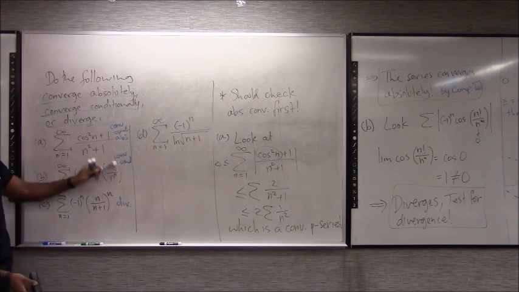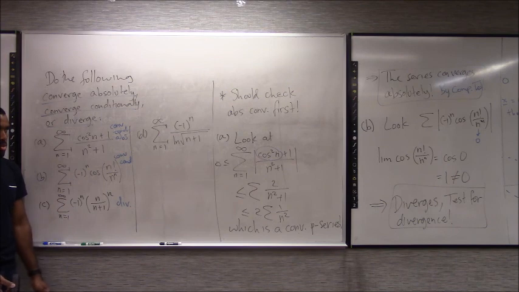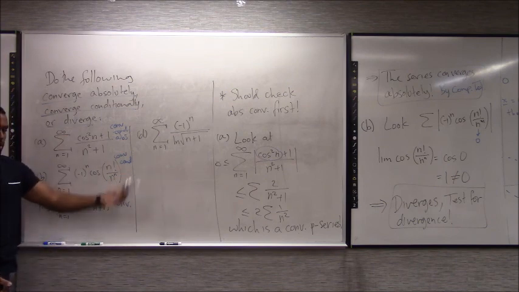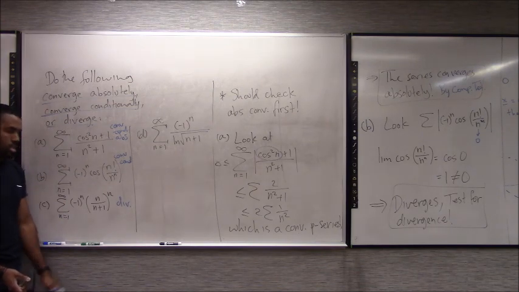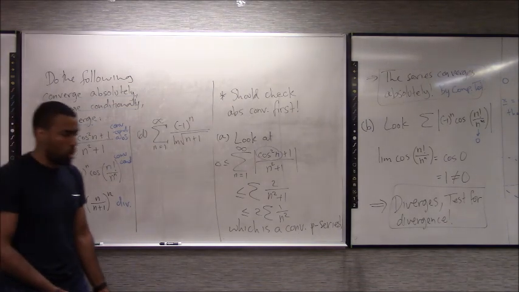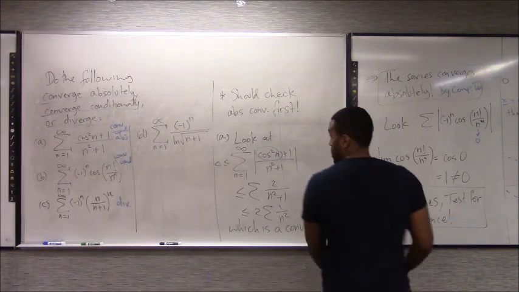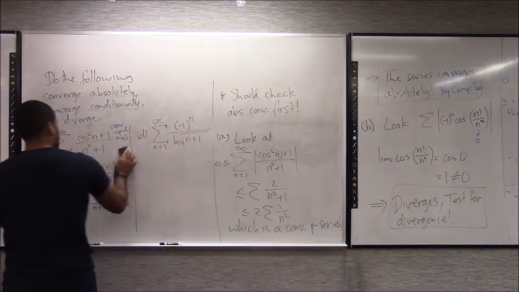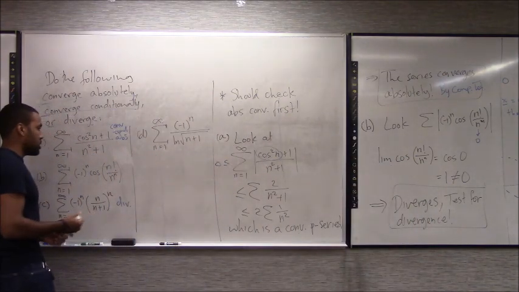But then upon closer inspection, I realized, oh, the angle is going to 0. The limit is actually going to 1, right? Which means off to infinity, we keep adding 1 over and over. And that's not going to converge if I keep adding 1 over and over. So this one actually diverges by the test for divergence.